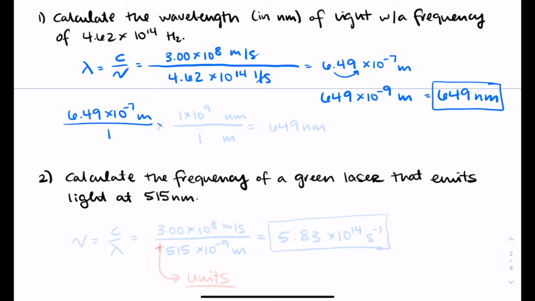The next question is to calculate the frequency of a green laser that emits light at 515 nanometers. So now we're looking for frequency, so we need speed of light divided by the wavelength. And my speed of light is still 3 times 10 to the 8th meters per second. But again, we're given a wavelength in nanometers, but I need to put meters into this equation.